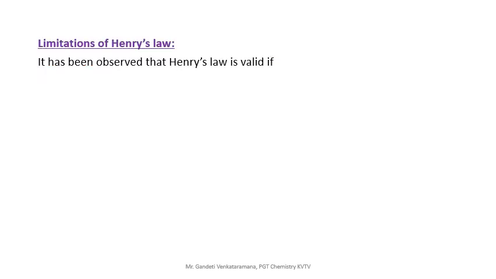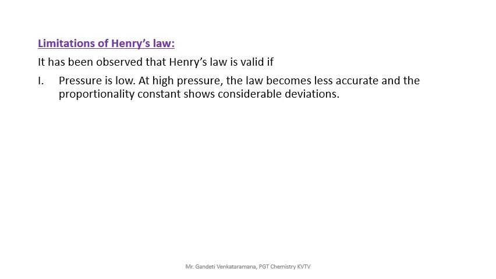Next continuation, limitations of Henry's law. It has been observed that Henry's law is applicable if, first one, pressure is low. If pressure is low, then it is valid, otherwise not valid.